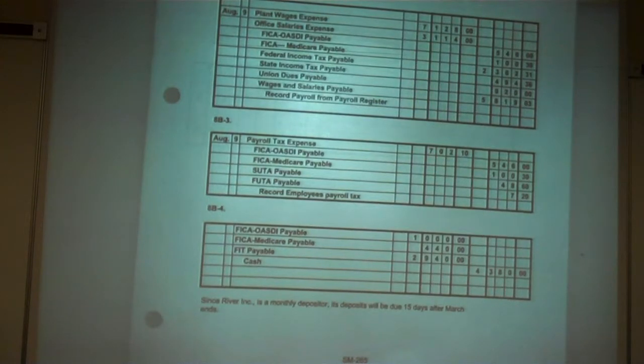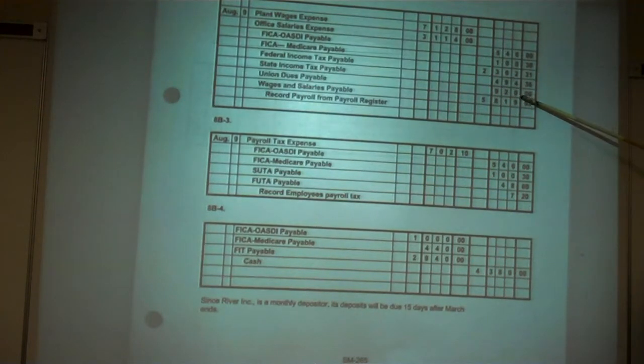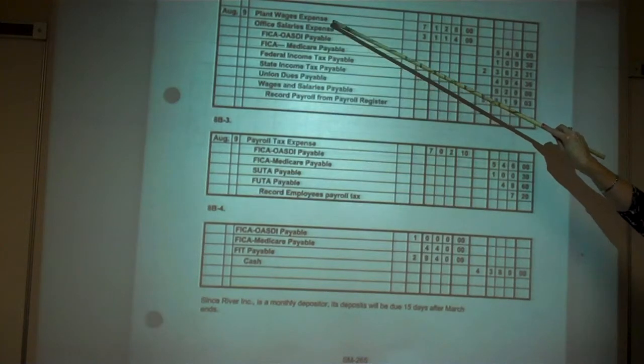And we have all of the deductions right here. And we have the gross amounts right here that we're going to expense.